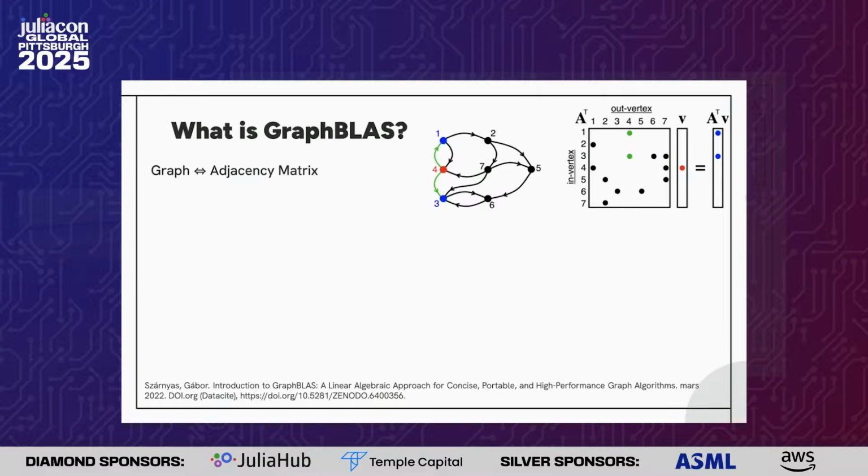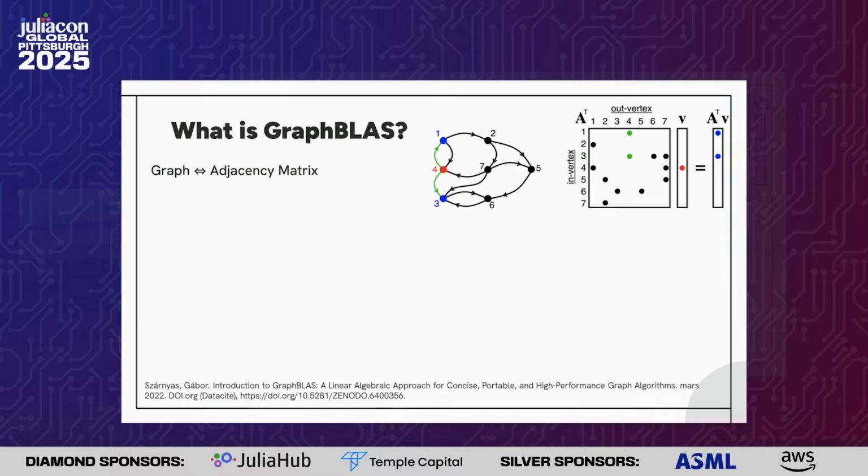So as a basic example, if we have a vector with a one-hot encoding to indicate a single vertex, and we multiply this vector by the graph's adjacency matrix, we get in the output the two vertices that are neighbors of the original vertex.